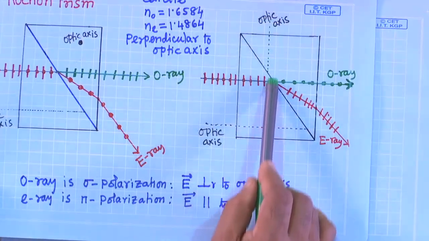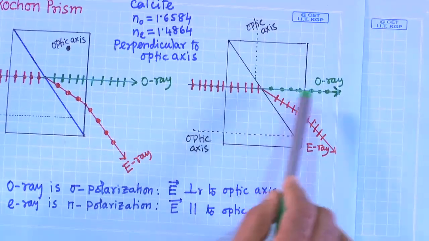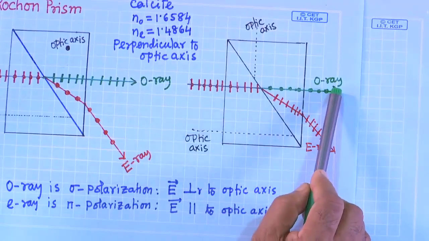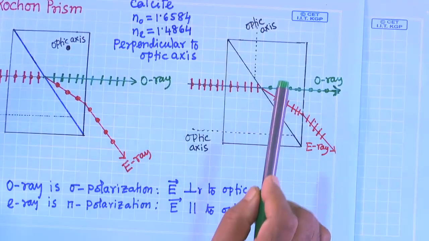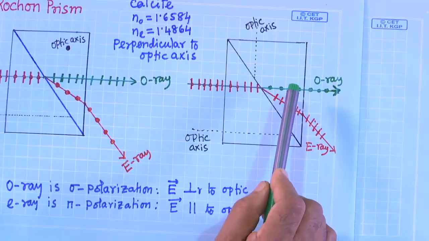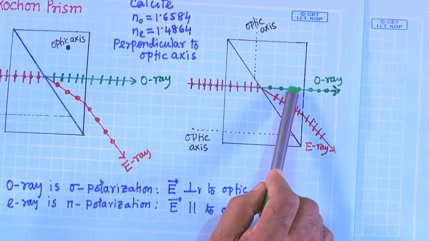Now, here the optics axis is along this direction. Now, here you can see the O ray, the polarization. Okay. This is sigma polarized.